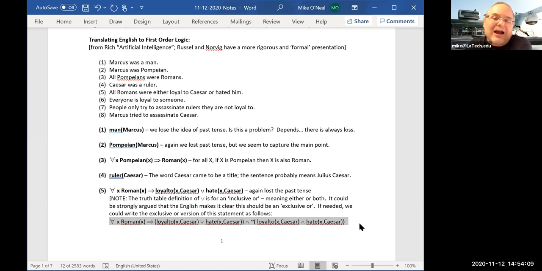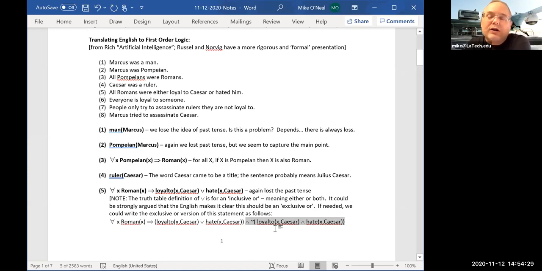So I explicitly put the but not both, or and not both, here, which you need to do if it were important to the story and what we were going to do, that it was an exclusive or and not an inclusive or.